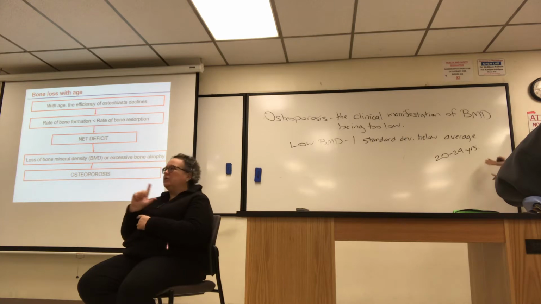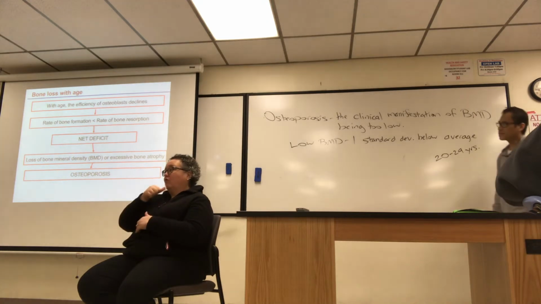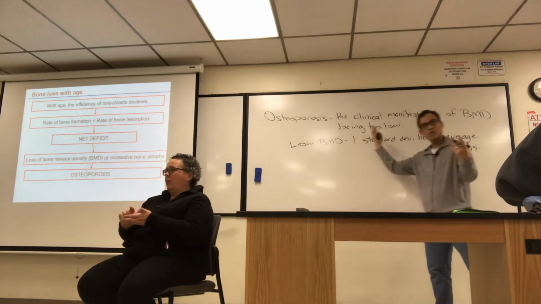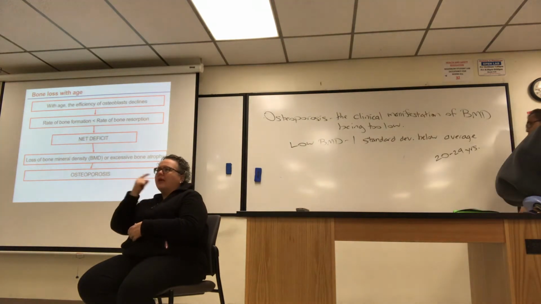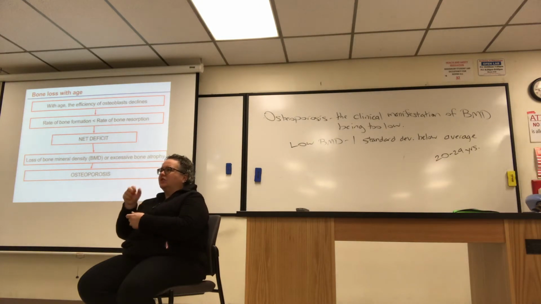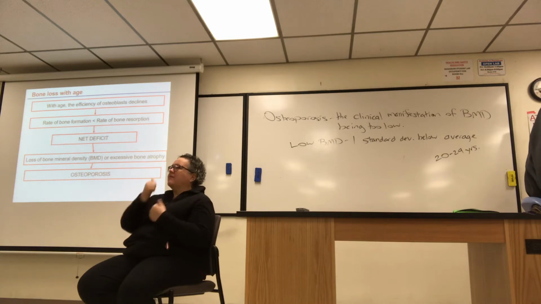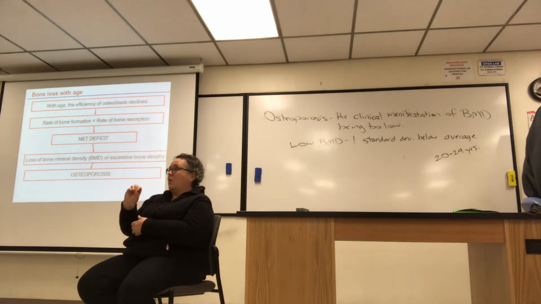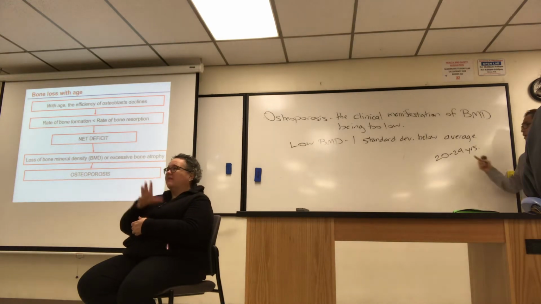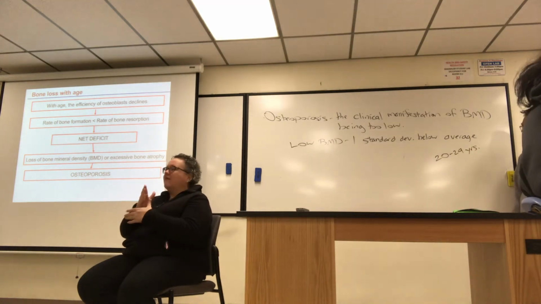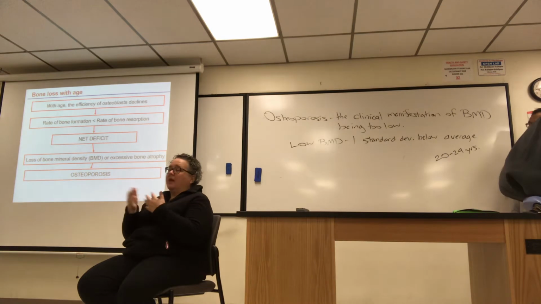Whatever their BMD is on average, if you're 1 standard deviation below young girls, that's considered low. And why girls? I think they select a particular gender because on average, women have menopause after 50, and that causes osteoporosis. So I think the female gender is chosen as an average that could be safe for everybody. Anyways, that's considered low BMD.